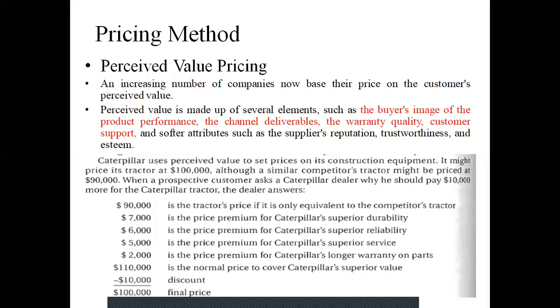Plus $7,000 for superior durability, then reliability $6,000, services $5,000, $2,000 for warranty. So the total price should go to $110,000, but they are giving $10,000 of discount.